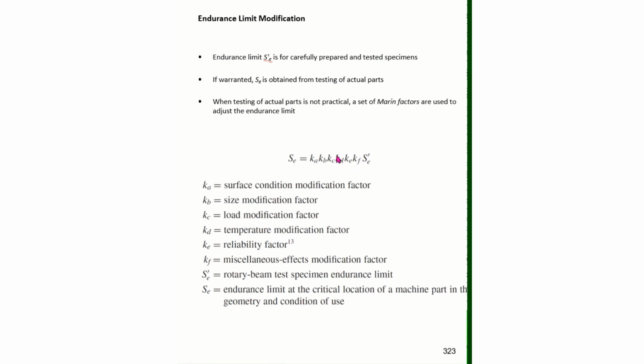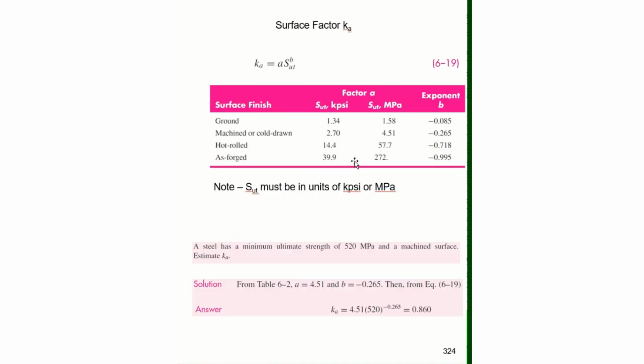But that's only in a particular situation. And in general, all these Marin factors should be less than 1. So if you put in the wrong units and compute a very large Ka, you'll know that it is in error.